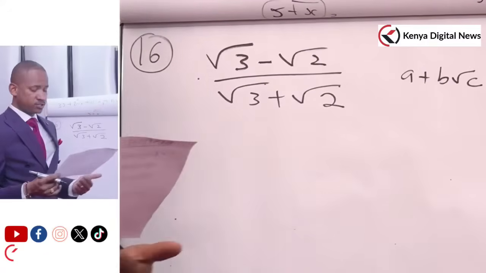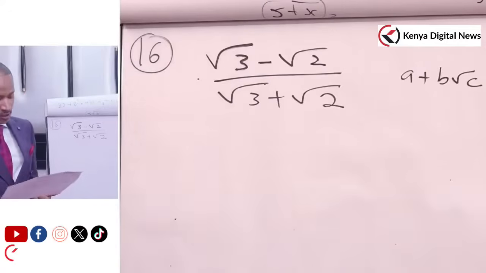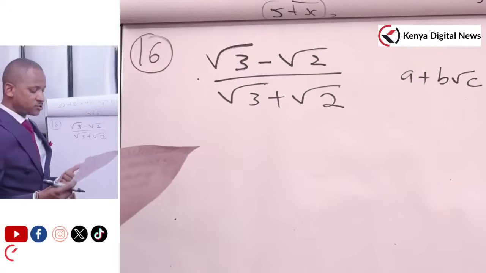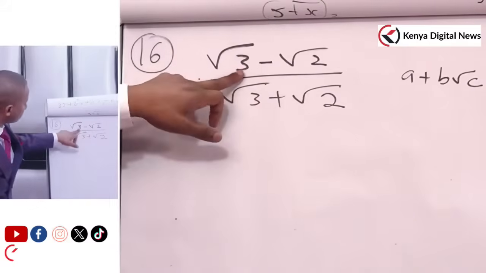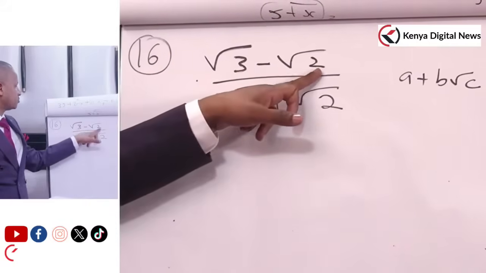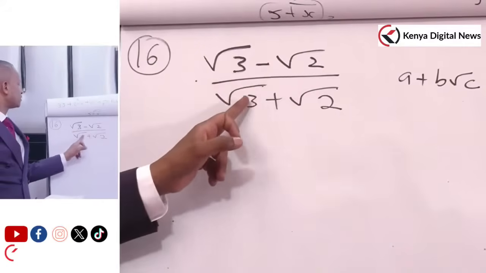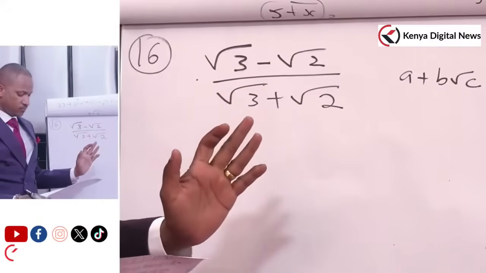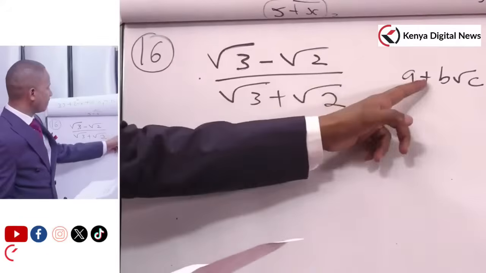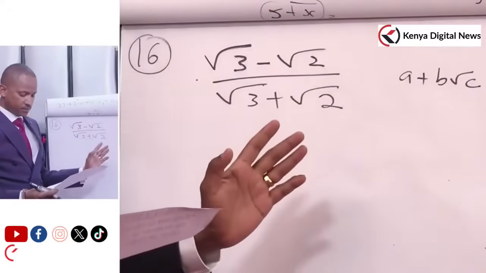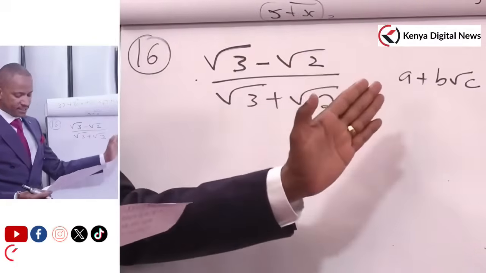I want to read the question again. Simplify by rationalizing the denominator of the expression. This is the expression, root 3 minus root 2 divided by root 3 plus root 2. Giving your answer in the form of A plus B root C, where A, B, C are integers.